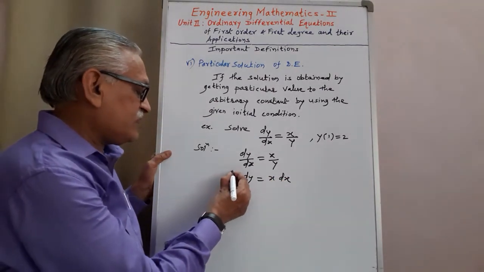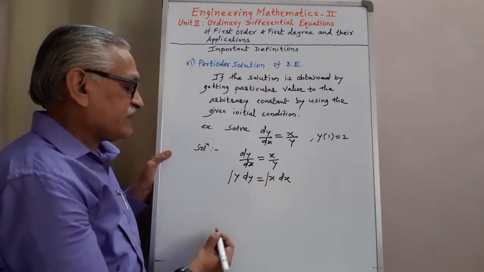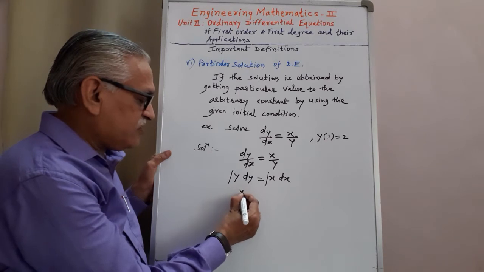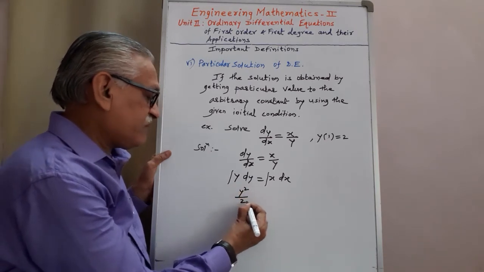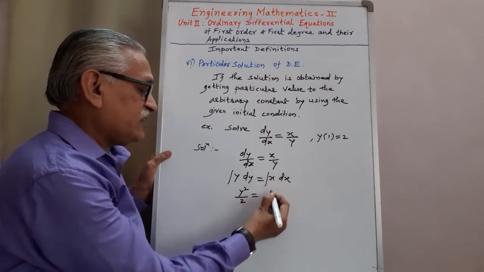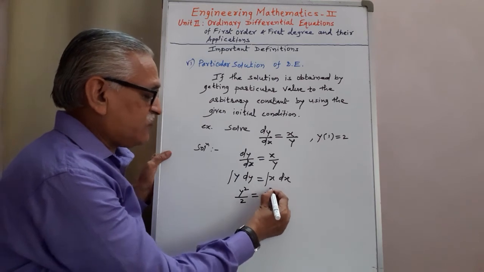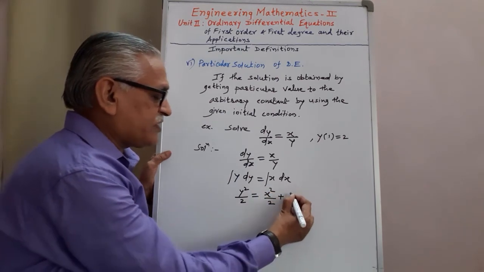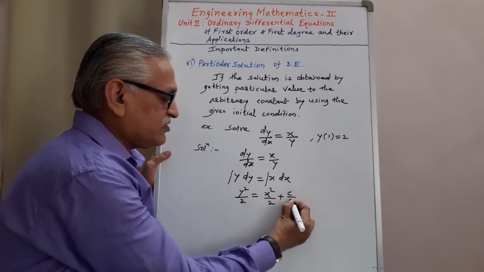And after separation, integrating this, integration of y with respect to y is y square by 2 is equal to integration of x is x square by 2, plus some constant of integration, which I will consider as c by 2.